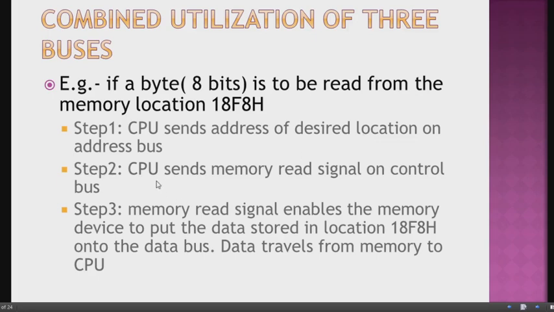After that, while sending the control signal, the memory write control signal is sent by the CPU on the control bus, and that memory write signal will enable the memory device, and then the data present on the data bus will be written on the memory location.